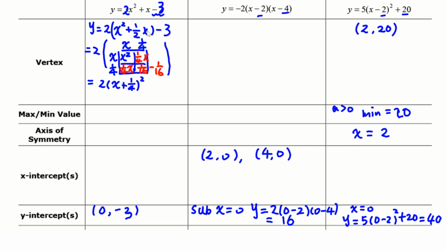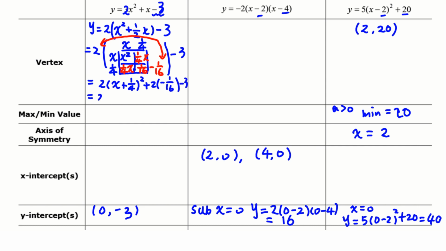So inside the bracket, no constant. That is right. Then we use a box of 4 cells for this perfect square. And the minus 1 over 16, we didn't use it. We need to multiply it by 2, so 2 times negative 1 over 16, then minus 3.